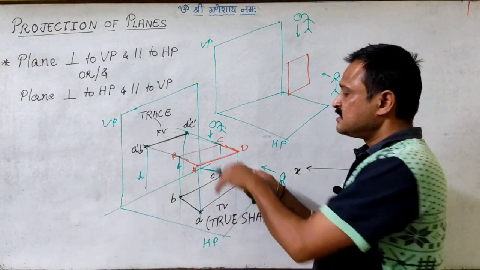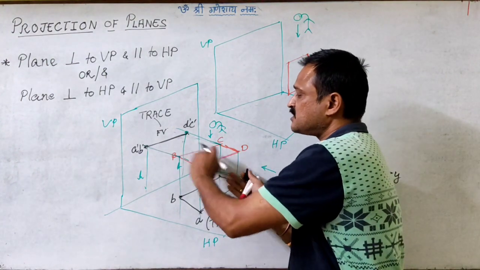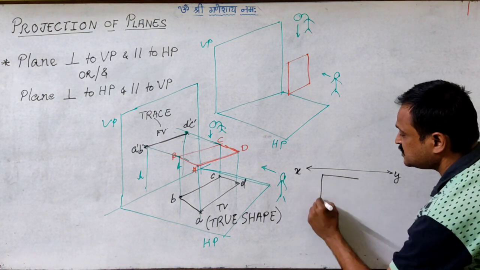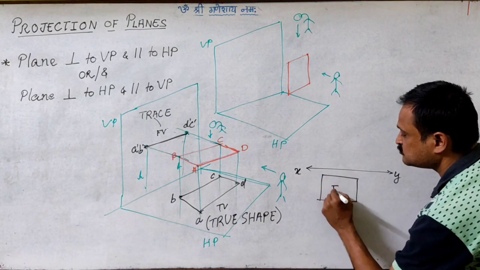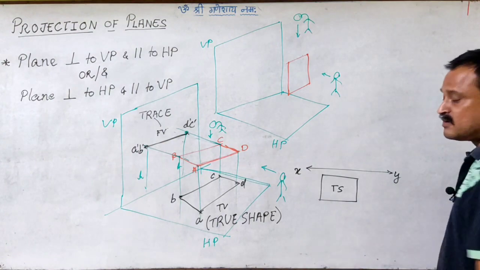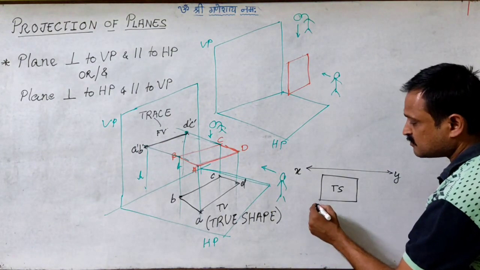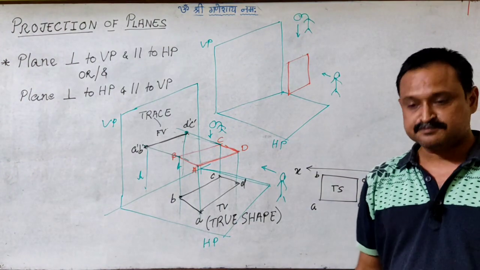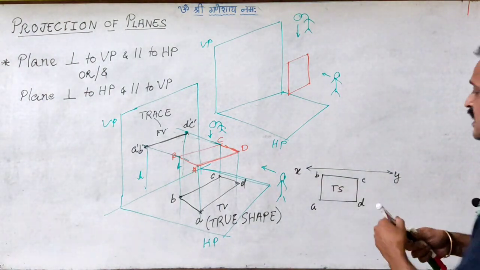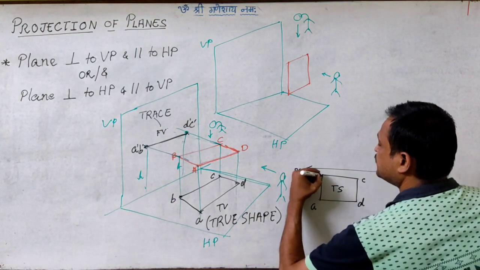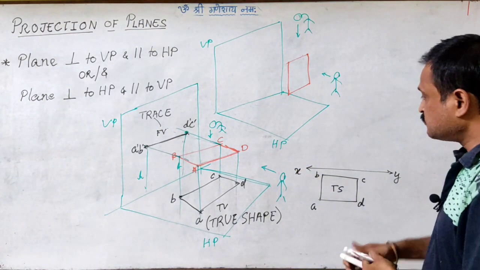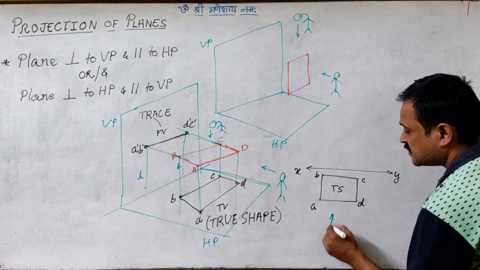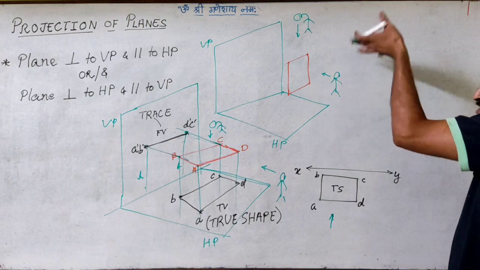So we have seen that we have kept BC and AD, which are parallel to each other, parallel to VP. That means I am able to see the true shape of the plane on the HP. So we have got A, B, C and D as the top view, and to get the front view, projectors are to be taken to the front view.